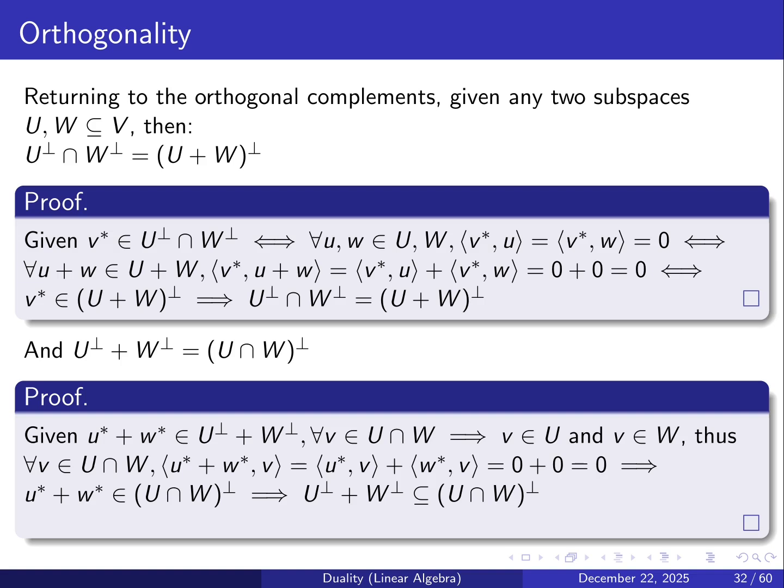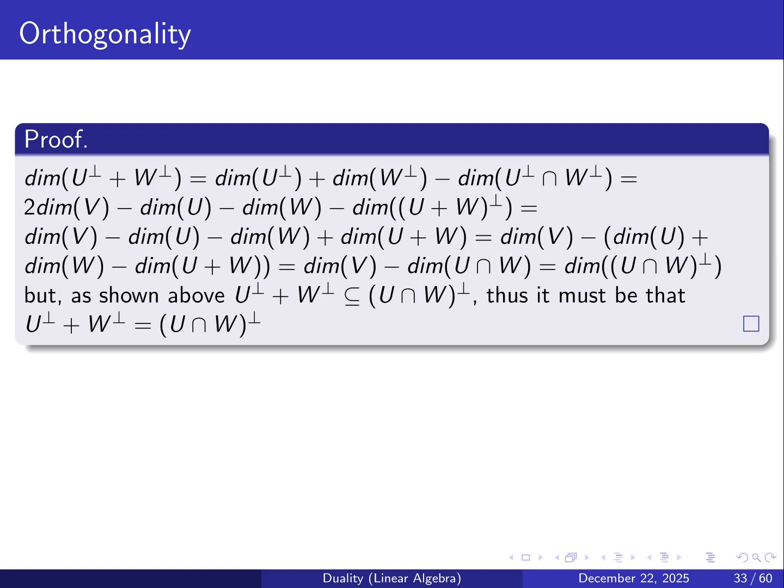That implies that U complement plus W complement is a subspace of U intersection W complement. Now equating the dimensions of U complement plus W complement and U intersection W complement using the formulas we mentioned so far, we get that U complement plus W complement and U intersection W complement are equal.